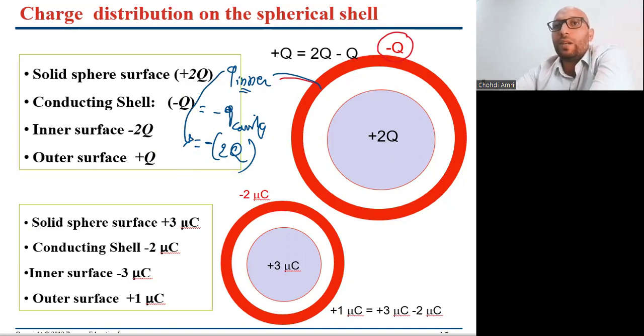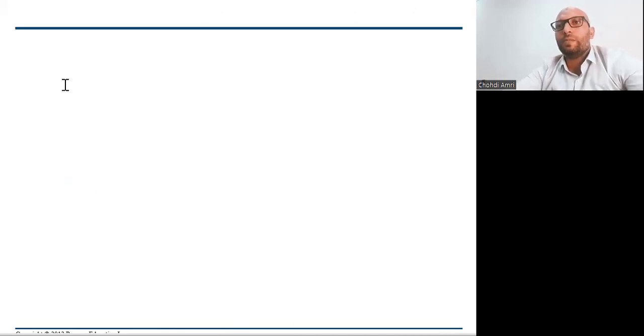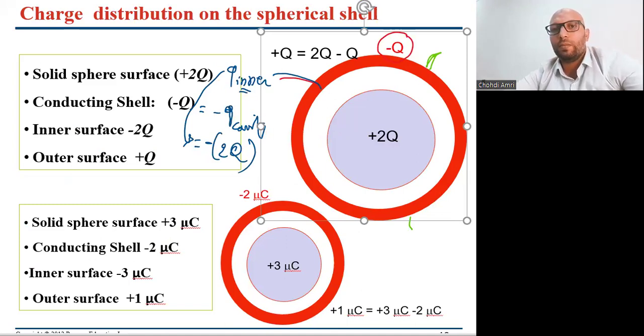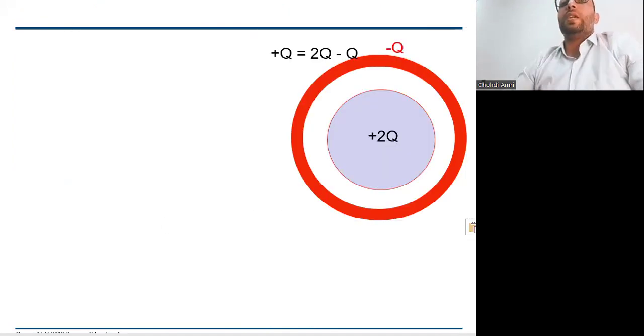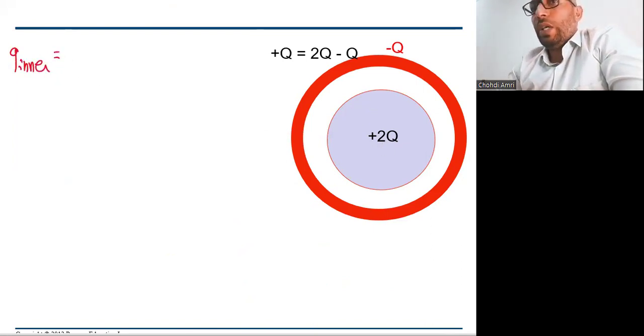Now let's talk about Q outer, on the outer surface. Let me take it step by step, because I don't have space to write. In this case, what is Q inner?